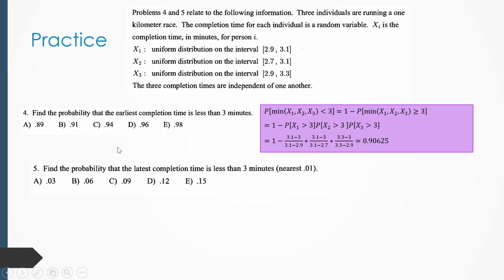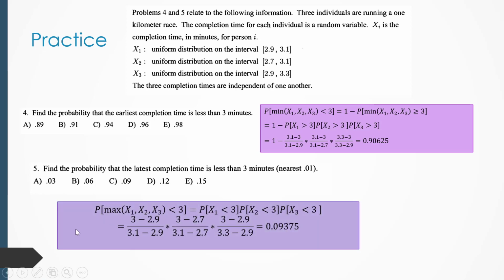Question number 5. Find the probability that the latest completion time is less than 3 minutes, to the nearest hundredth. That means round to 2 decimal places. So here the latest completion time means the maximum of these three. So the probability that the max of X1, X2, X3 is less than 3, that's easy. It's just the max less than 3, so all of them should be less than 3, right?